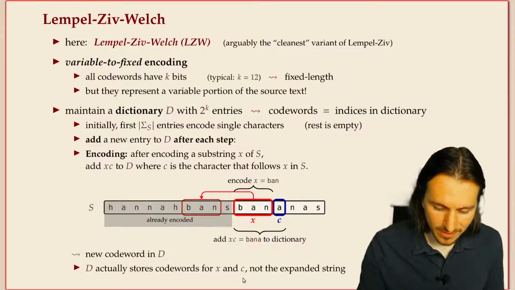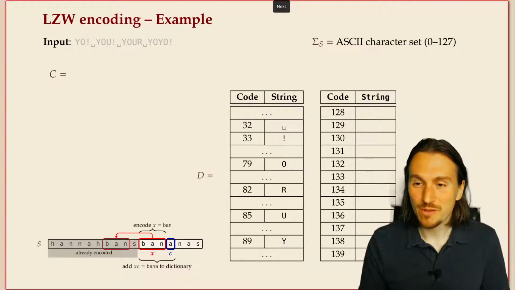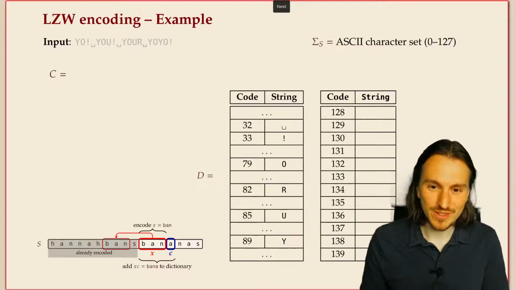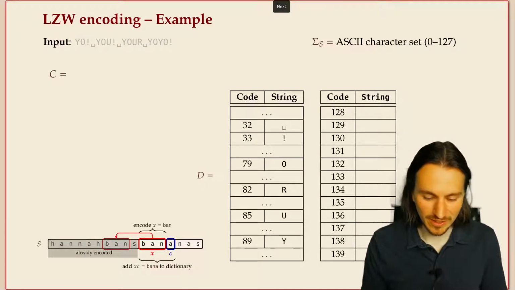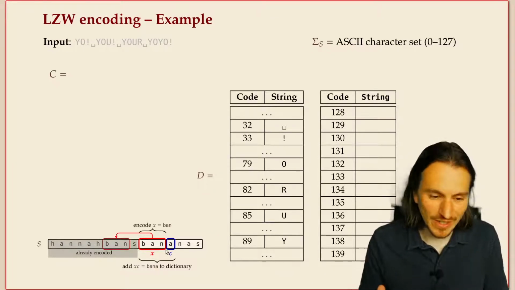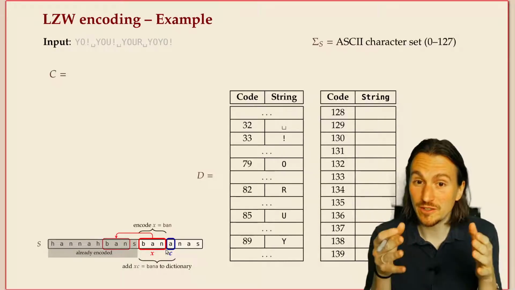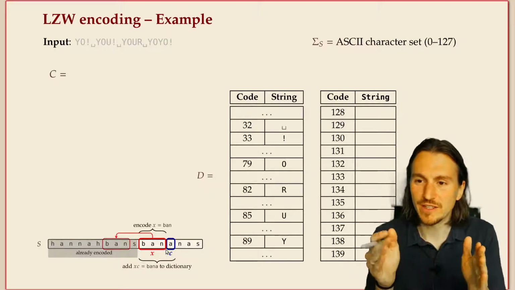That's an implementation detail that we might not care about so much at the moment. Let's go through an example to see how this works and also see how we find x on an example. I said it's the longest string that you currently have in your dictionary that you find at this position.